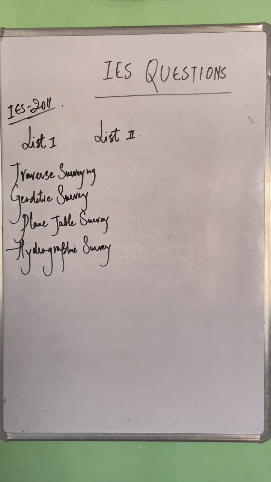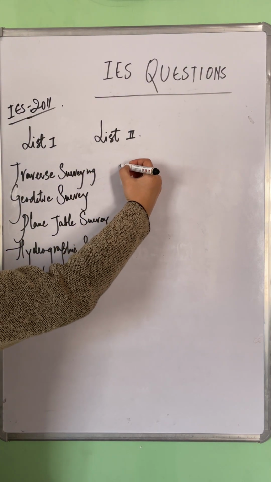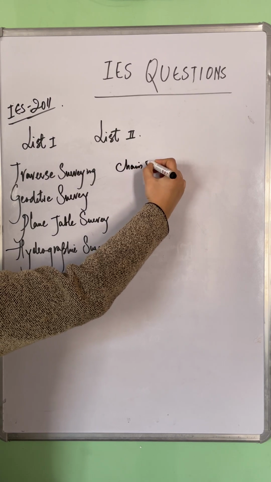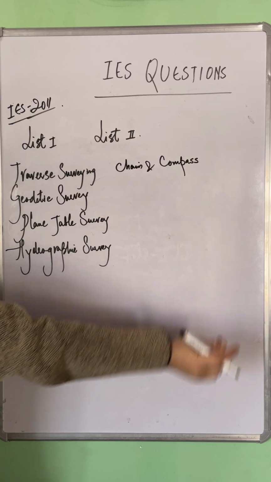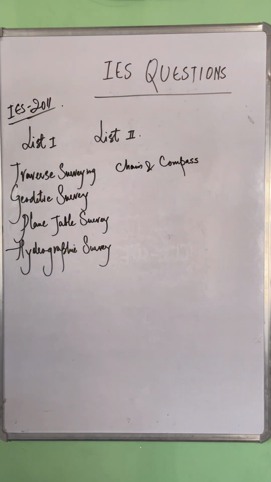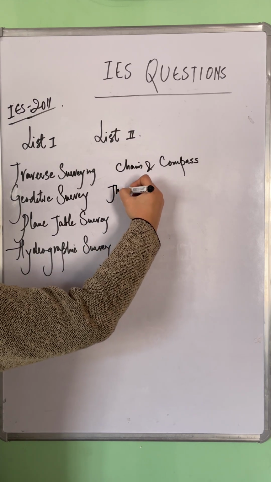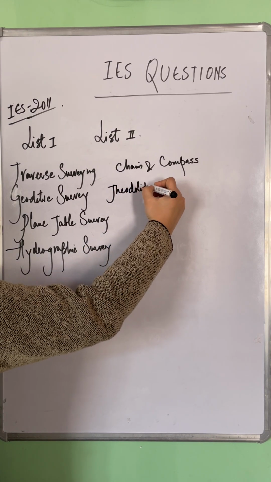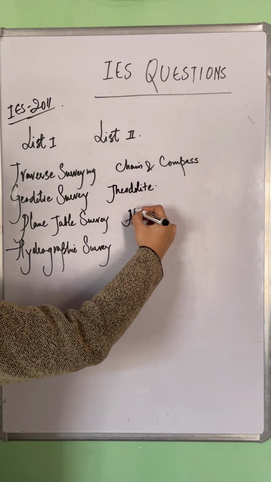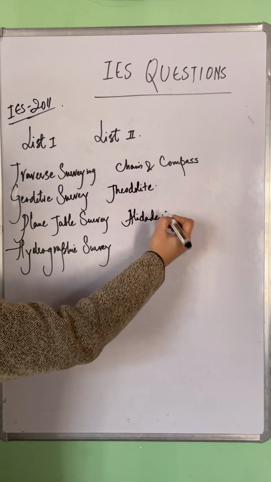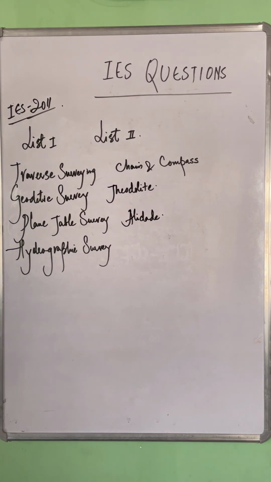I'll write list 2 in correct form. Traverse surveying, chain and compass. Geodetic surveying, theodolite. Plane table survey, Olympiad. And hydrographic survey, Weddell sounding machine.